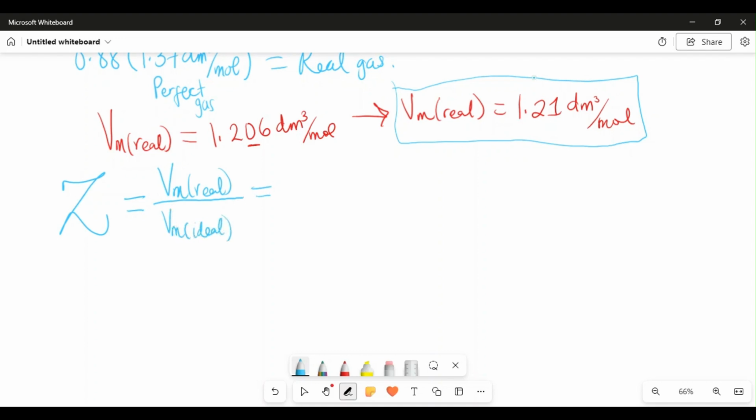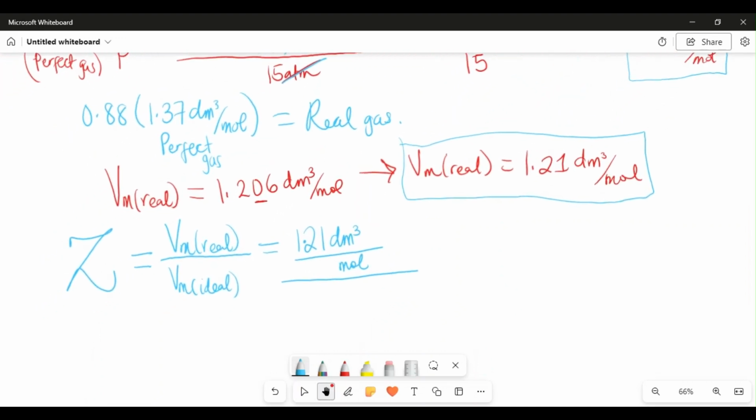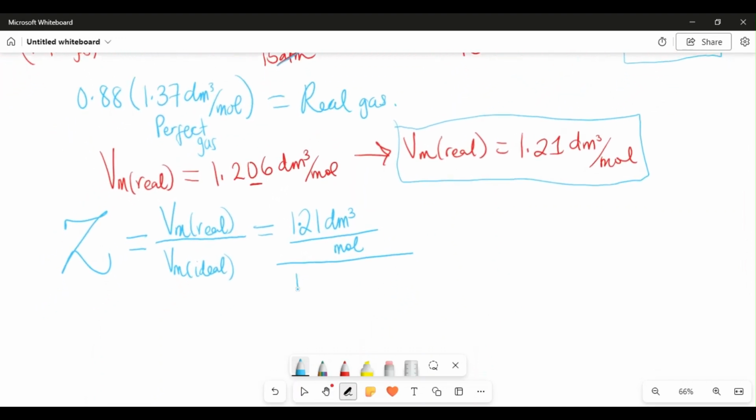So you end up with 1.21 dm cubed divided by mole, divided by the value for the ideal, which is just 1.37 dm cubed per mole. So you cancel out dm cubed, dm cubed, cancel out mole.